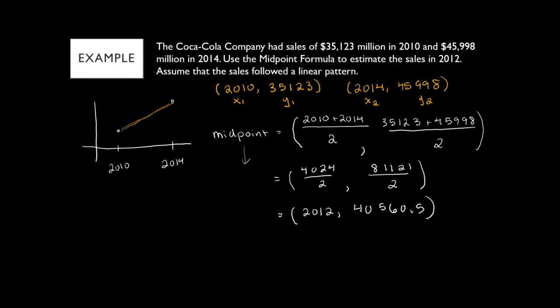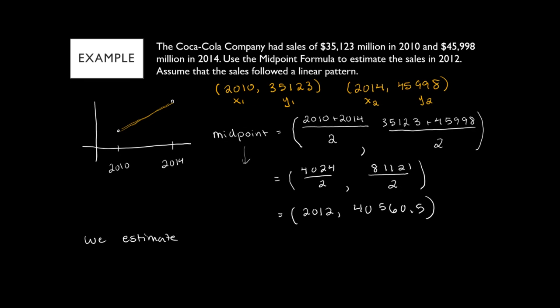Now the problem says to use the midpoint formula to estimate the sales in 2012. So really what it wants is the estimate for sales in 2012. When we write this as a sentence, we need to make that clear. You can write we or I, or you can even say the estimated sales, but I usually use we.